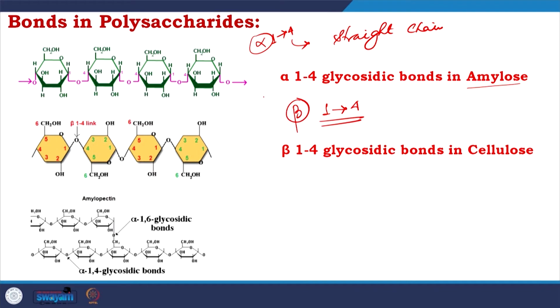Now, you see the branching, where you see the presence of both alpha 1-4 and alpha 1-6 glycosidic bonds. This is present in a polysaccharide called amylopectin. So, when you have 1 to 4 you get a straight chain, when you have 1 to 6 you get a branch. A number of such permutations and combinations are possible.